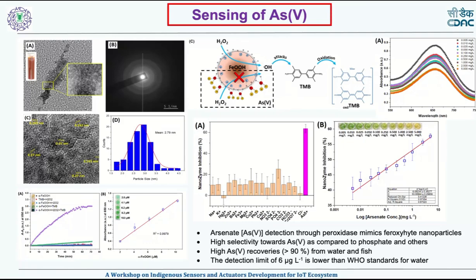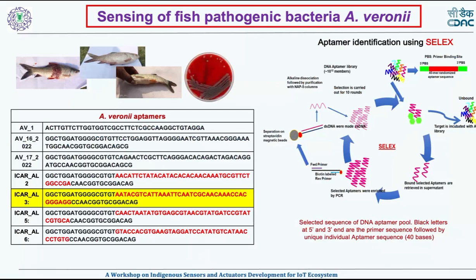Now coming to the other pollutants. Since it's a fisheries institute, we work a lot with fishes in and around West Bengal, Assam, and Orissa, and I have seen a lot of occurrence of pathogenic bacteria.